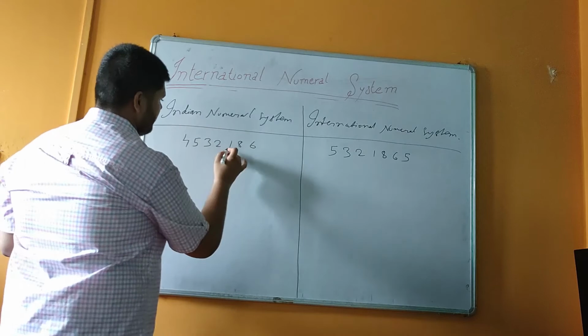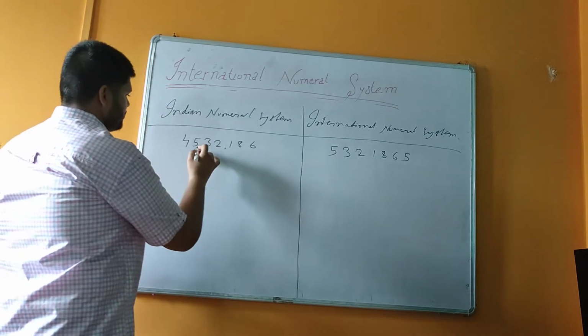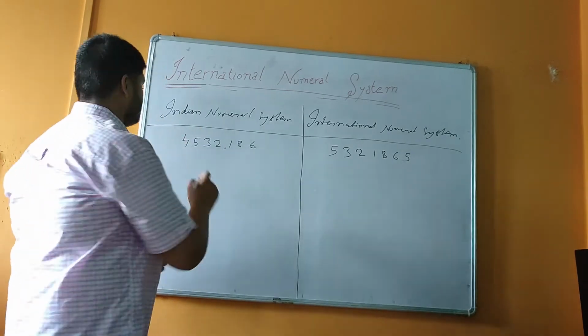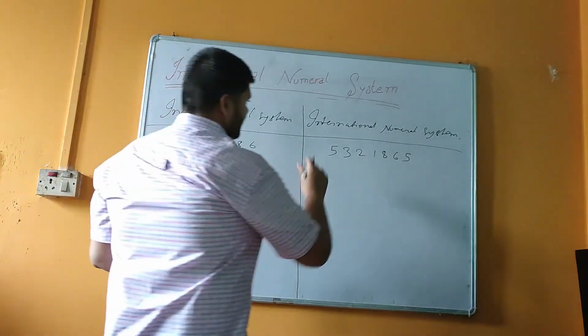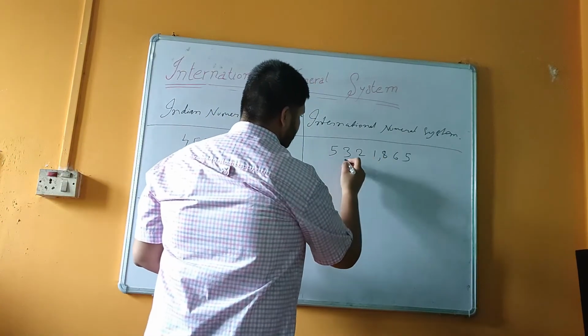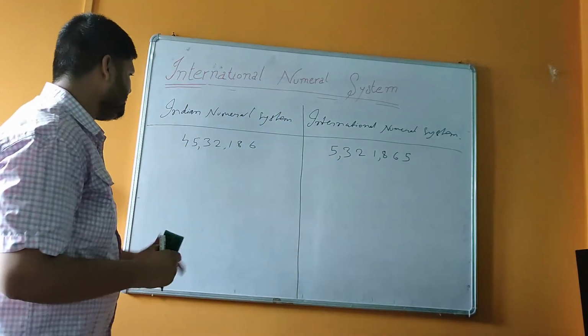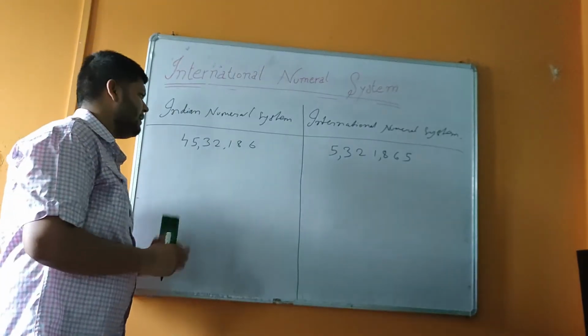Here in Indian, the first 3 digits are separated by a comma. Then for the remaining digits you have to separate every 2 digits by a comma. Okay. In the international, you can see all the digits will be separated by 3 by a comma. So can you observe the difference between these two numbers?